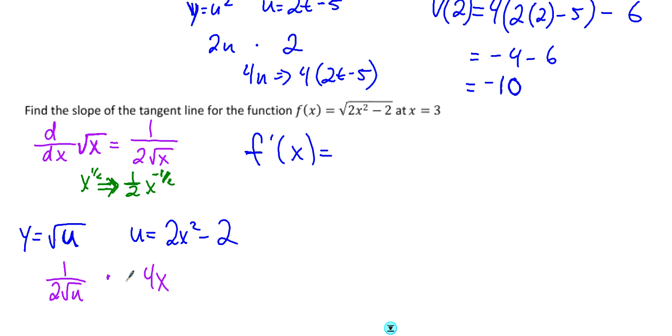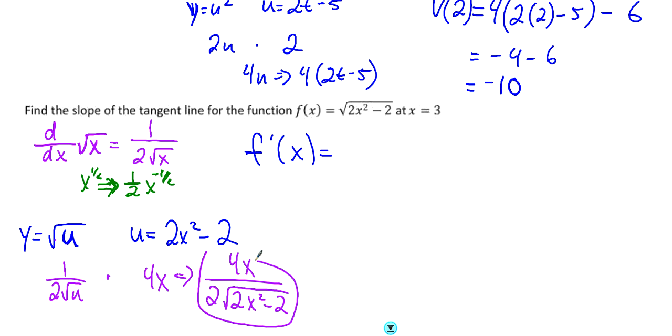Then you multiply, so you get 4x on top, 2 over the square root, and you plug this back in, 2x squared minus 2. This is my derivative. So I go back over here. F prime of x is 4x over 2 square root of 2x squared minus 2.